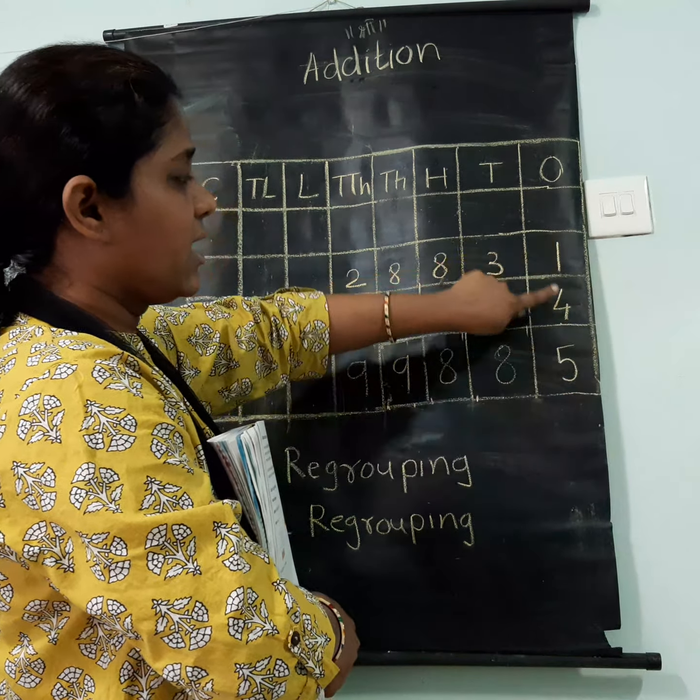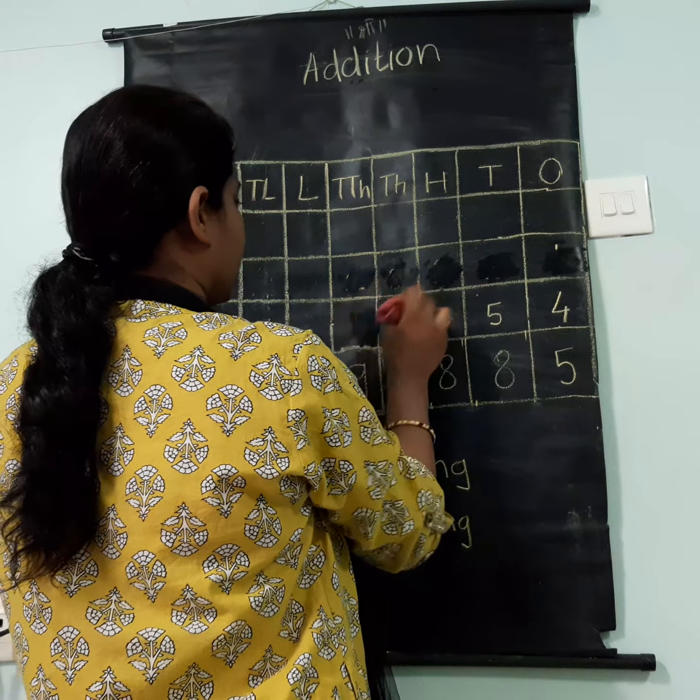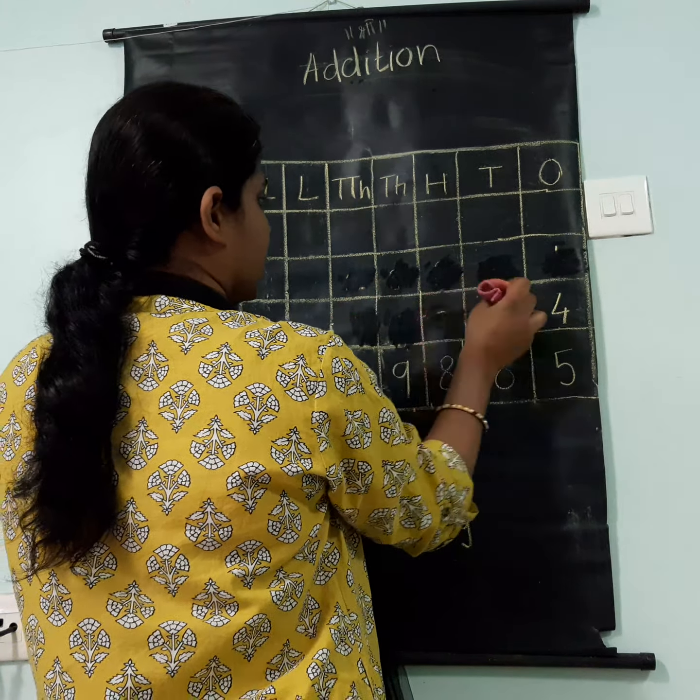But what will be the condition if you get the answer in two digits? That we will see. For that, I will solve another sum.